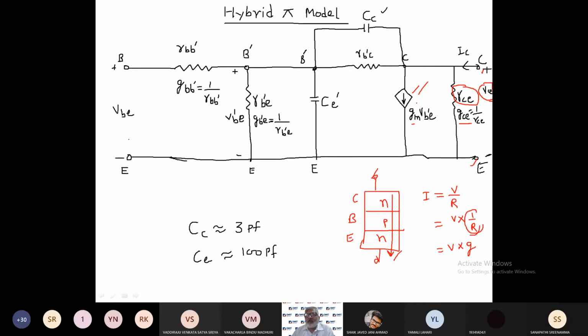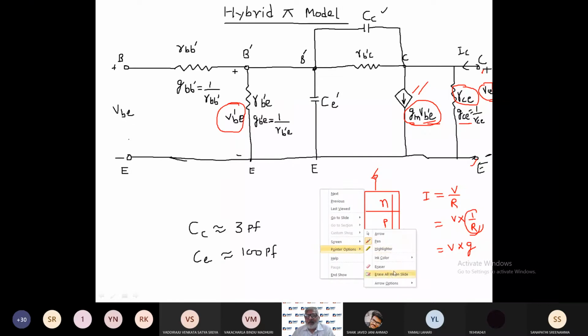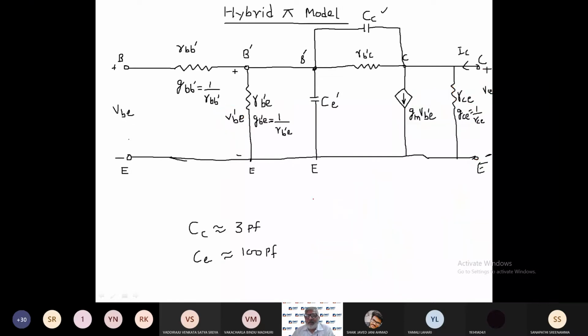So this current source is represented by Gm multiplied by Vb dash E. This is a dependent current source, and its value depends upon the voltage at the input side, that is Vb dash E. And Gm is the conductance. So this is the hybrid pi model.